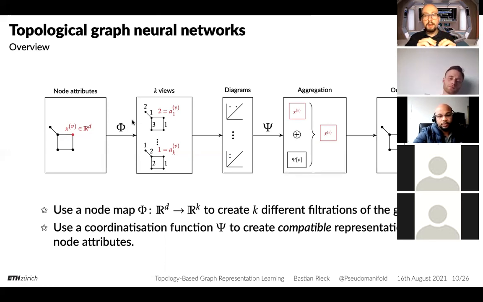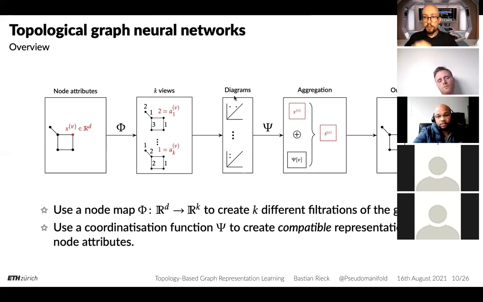And we treat this k-dimensional space as constituting k different views, or k different filtrations, of a graph. So if you think back of the function that I showed to you earlier on, this function f, that is supposed to characterize a graph, we now have this function, but k times. So we can learn k different representations of the graph.